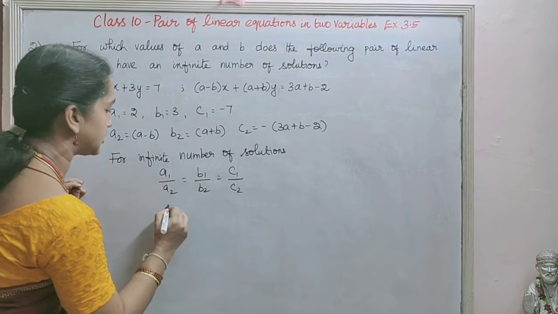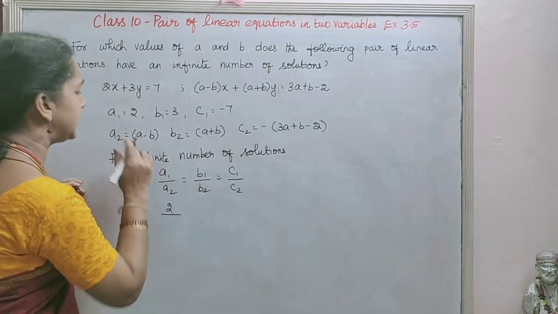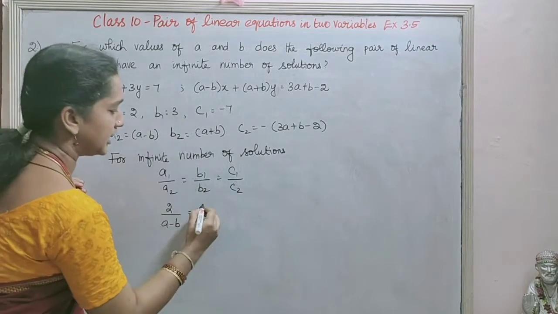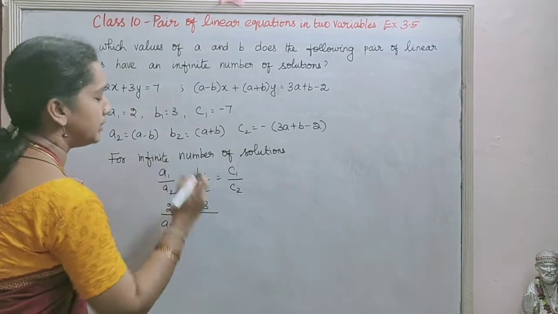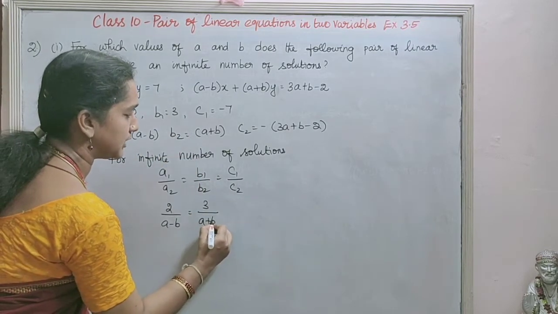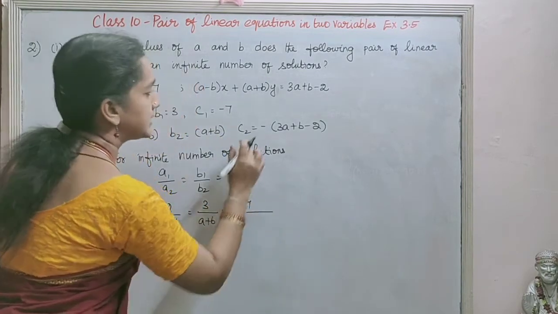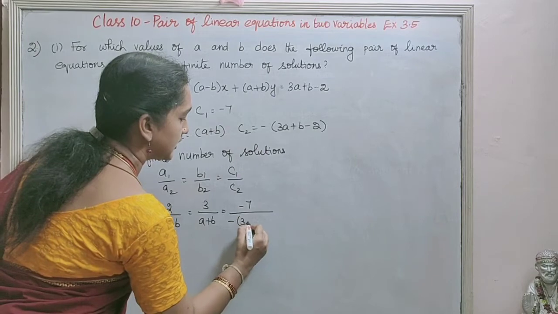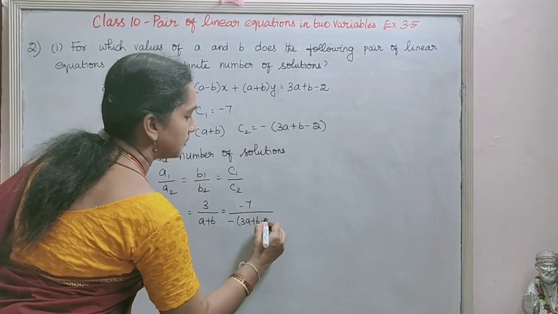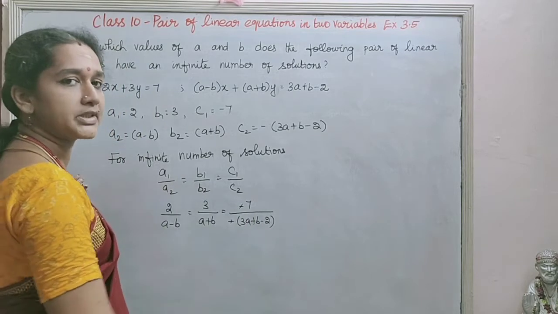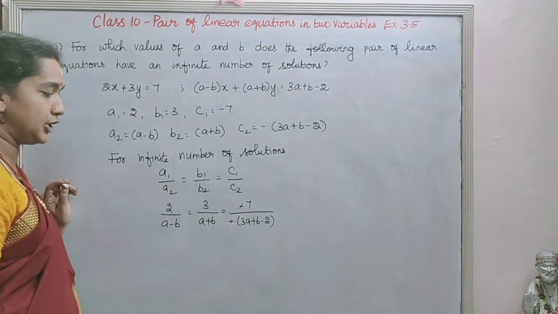So a1 is 2 by a2 is a minus b, is equal to b1 is 3 by b2 is a plus b, is equal to c1 is minus 7 by c2 is minus 3a plus b minus 2. So we will cancel the negative sign in the numerator and denominator.